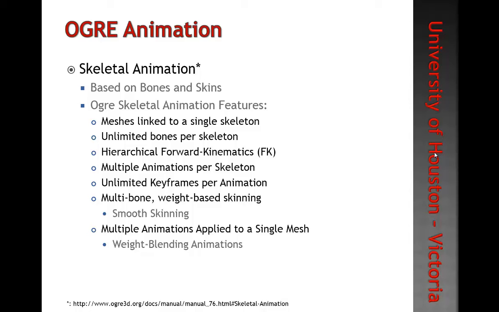The usual way of creating these animations is through modeling tools, such as Blender, 3D Mesh, 3ds Max, or Maya, or any other 3D modeling software that you use. Ogre provides us exporters that we can use.